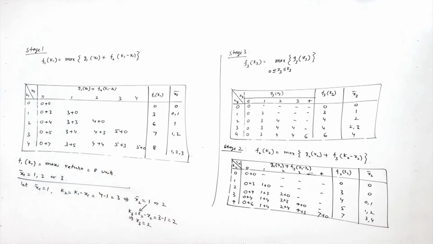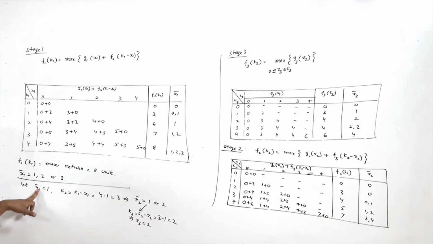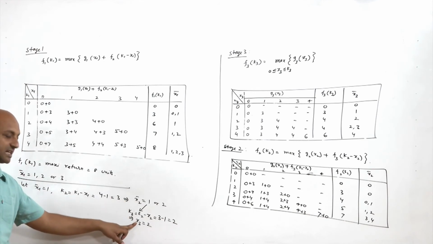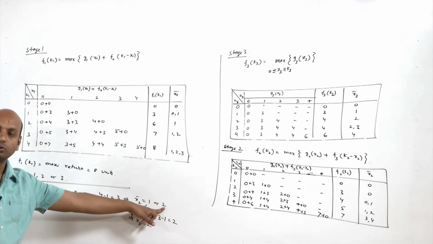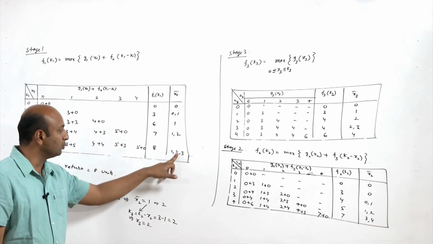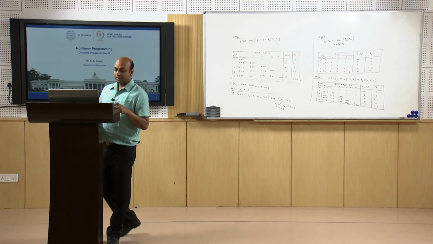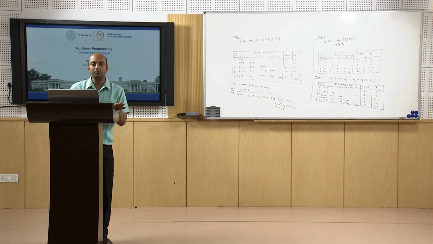This is one solution. x1 is for plant B, x2 is for plant A, and x3 is for plant C. Similarly, we can find for x2 equal to 2 also, and similarly we can find when x1 is 2 or 3. So this is how we can find the optimal solutions of such types of problems.